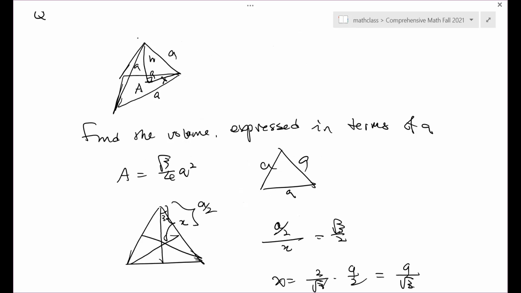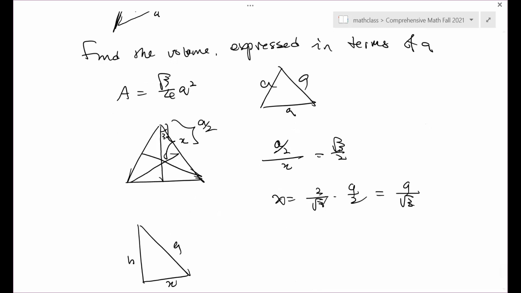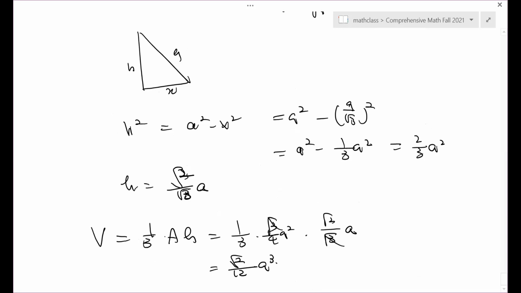Then you have to find x, right? To find x, you just focus on the base triangle, and you express x in terms of A. Then you can use the vertical right triangle to find h. Once you find h, express it in terms of A, then you can write down the formula for the volume.